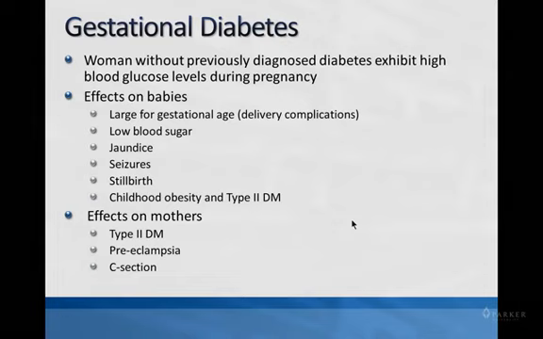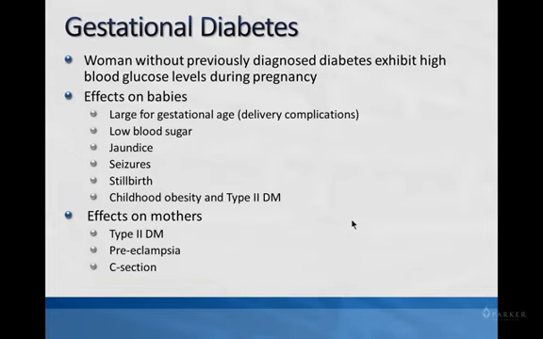So how will they treat it? Or we should ask first, why should they treat it? Well, if the diabetes is not controlled, the babies, if they are delivered, are going to tend to have an increased risk of being large for their gestational age, so it could lead to delivery complications.